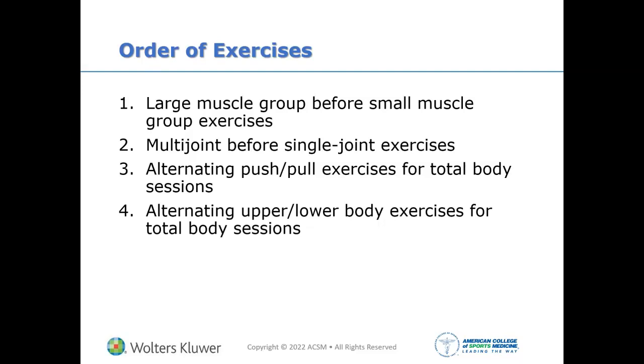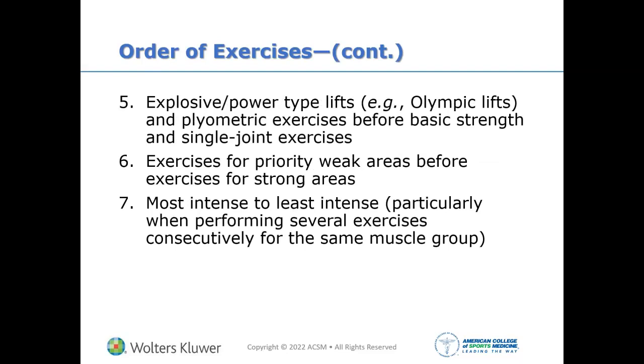Alternatively, you want to prioritize what the client's needs are. So if they're really weak in their chest, and that's something that they're looking to improve, maybe you decide to prioritize by putting chest press before squat. Not a decision I would make, but I suppose some could argue that that would be something that you could do.